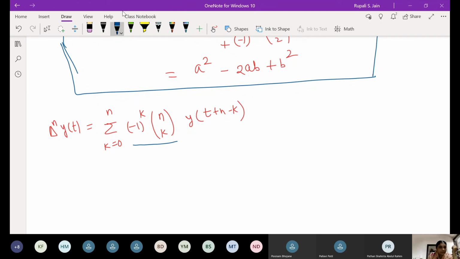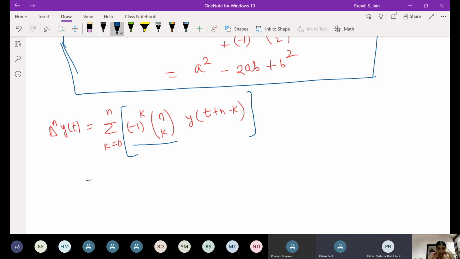So I can generalize this formula as delta raised to n yt, the nth order difference of yt, as the summation k equal to 0 to n of minus 1 raised to k nCk y at t plus n minus k. Is that okay, this formula?